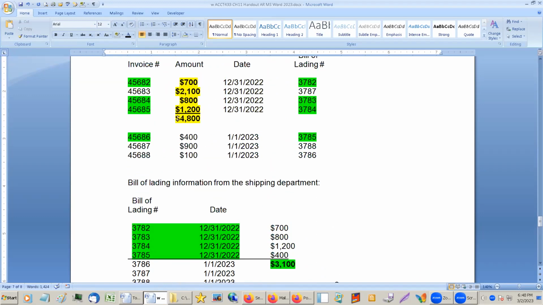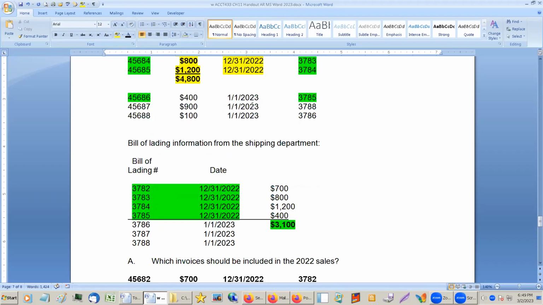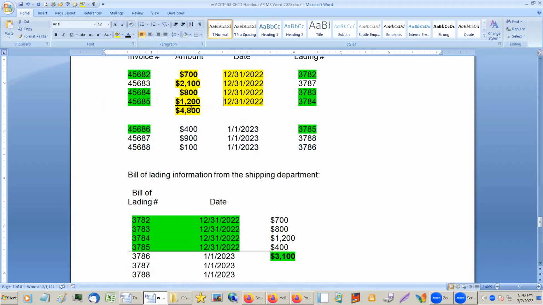I added what they had counted from the 31st. This is what the sales department counted. So they counted these four, and these were not in the period, according to their records. So this is what they had for these invoices.